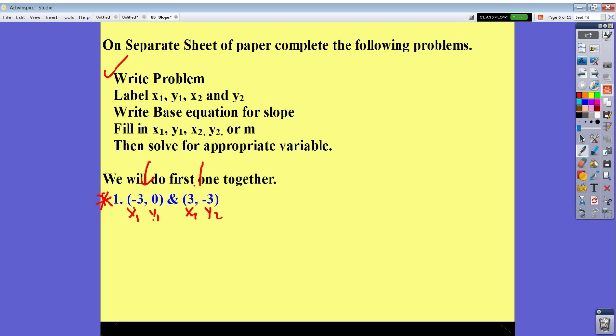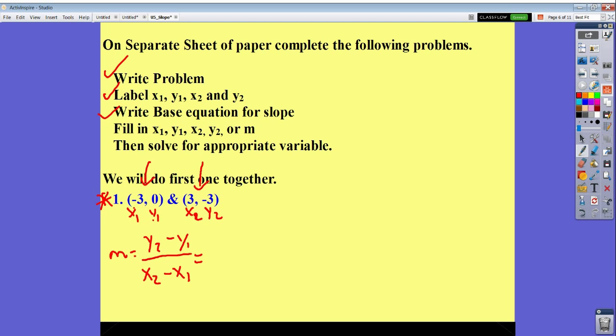The reason why this is 2 here is because it's the second point. So always x comma y, and the 1 stands for the first point, the 2 stands for the second point. So we have that done. The next step is to write the base equation for slope, which is m is equal to y2 minus y1 all over x2 minus x1.